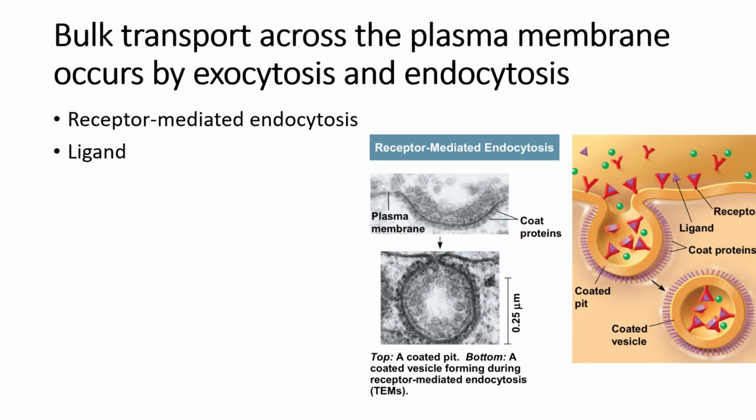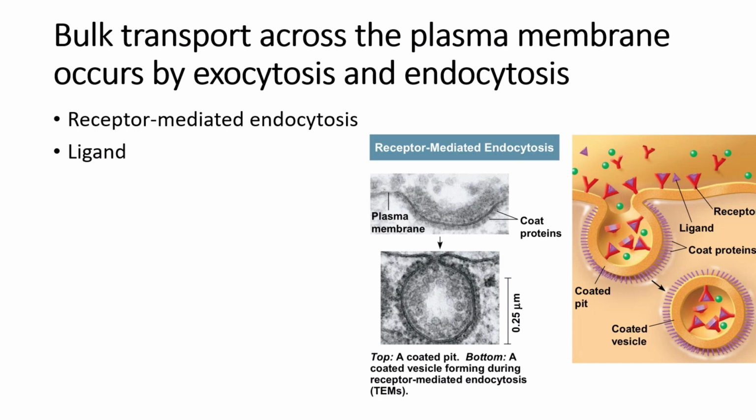Receptor-mediated: in receptor-mediated endocytosis, you have these proteins on the outside of the cell. These protein receptors are very specific as to what they can bind with and connect with. If you notice here, you've got purple triangles and green circles. The green balls are not going to attach to these Y-shaped structures, because they don't fit.